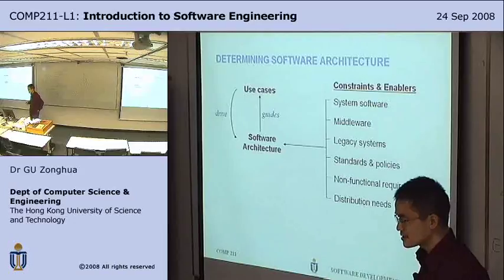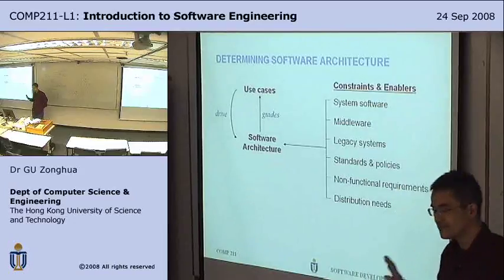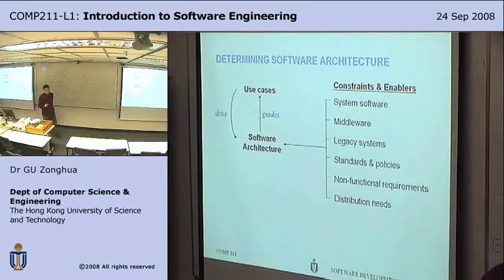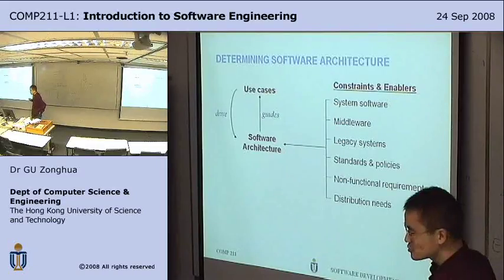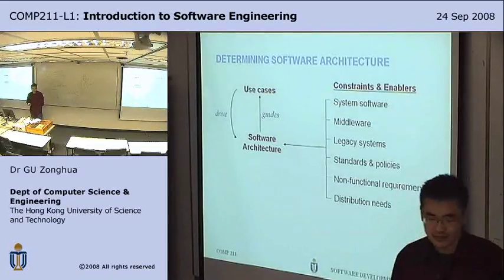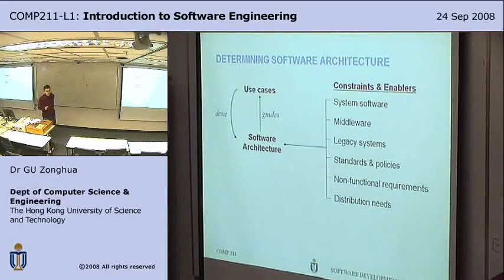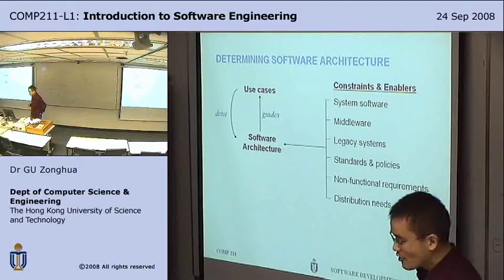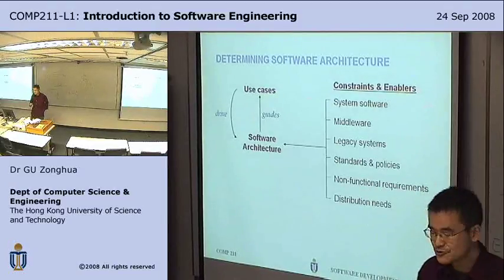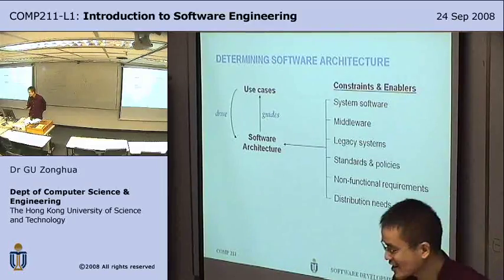Non-functional requirements, that is, this is versus functional requirements specified in the use cases, what the system is supposed to do. Non-functional requirements is how well the system does it, like response time. When you click a button, how long does it take to get back a response? Or throughput, or scalability, how many users can the system handle? These are non-functional requirements.